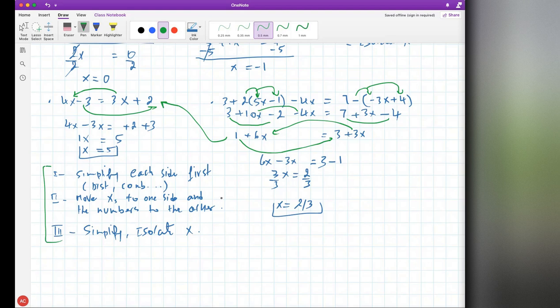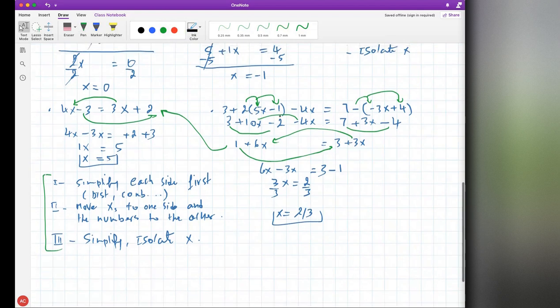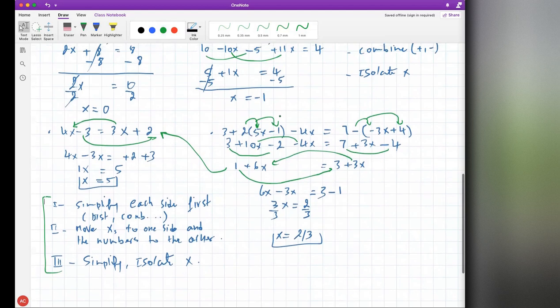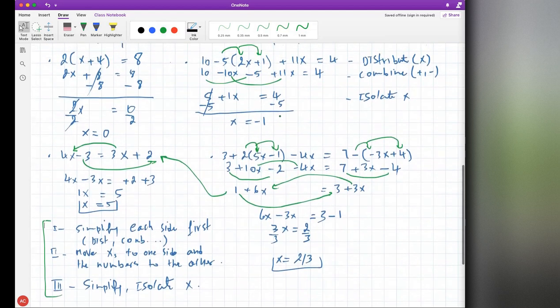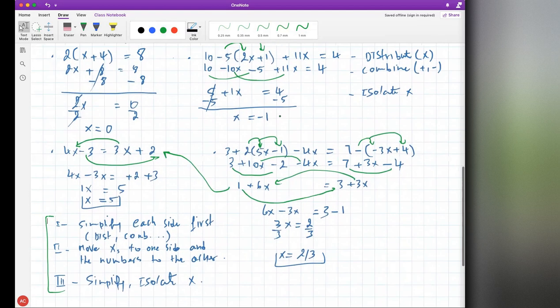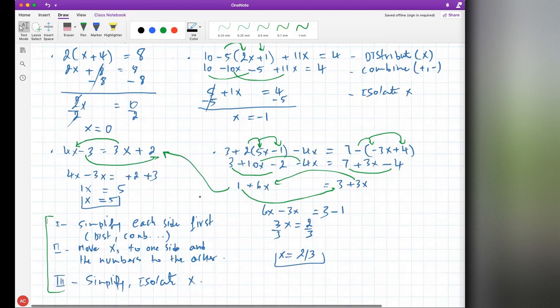At the end, after these 3 or 4 steps, you'll get your solution. You can always plug it in and check it, do all the math and simplify. So that's basically how you solve equations, and these steps always work.